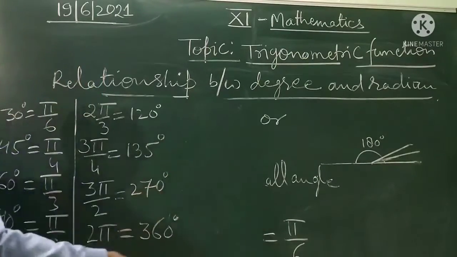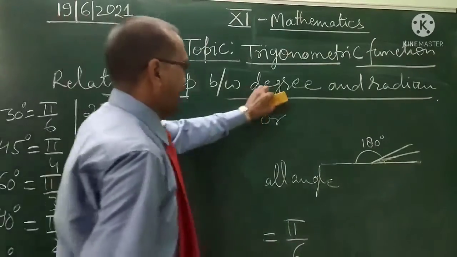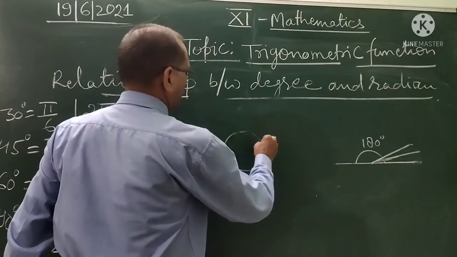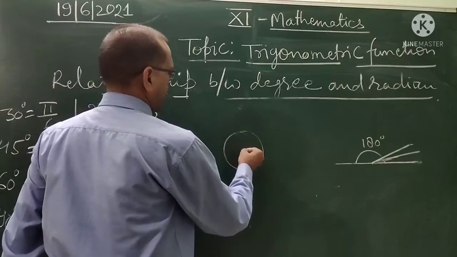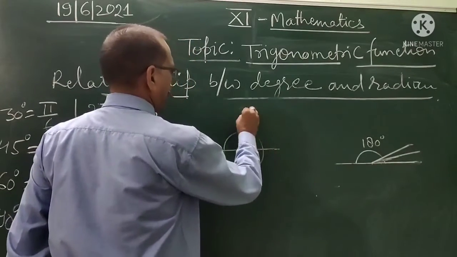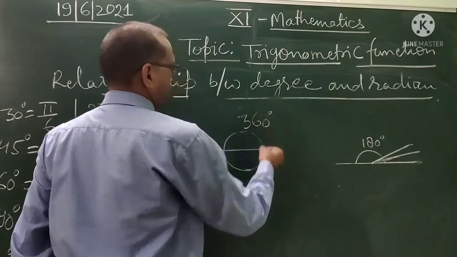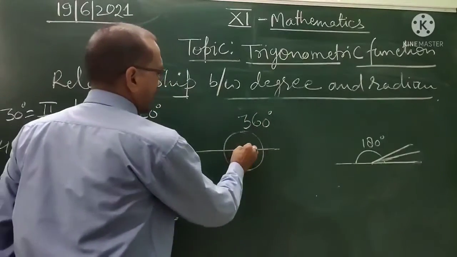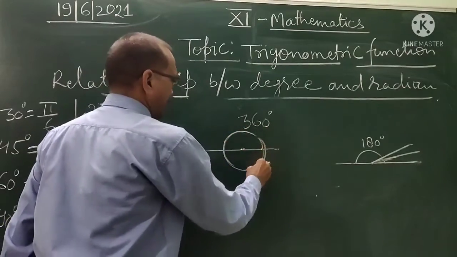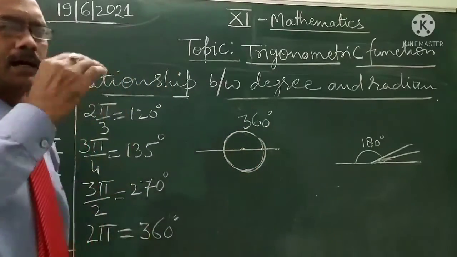It means one round is complete, and this complete angle equals 360 degree. So we can say a circle makes a 360 degree angle at the center.